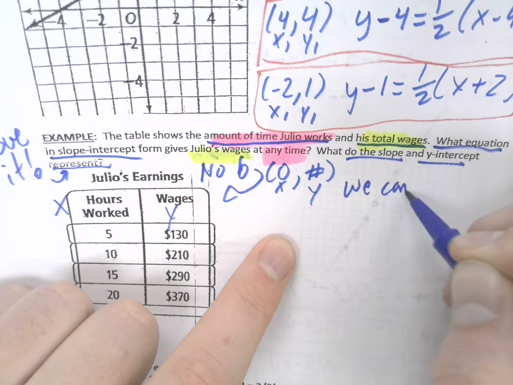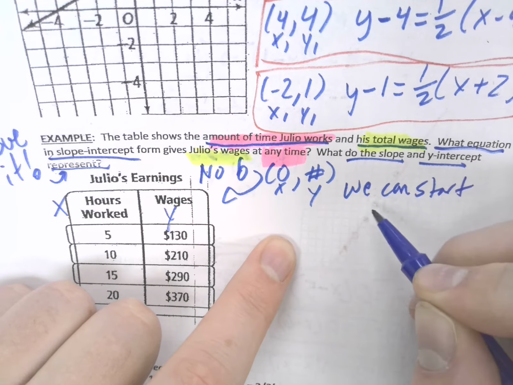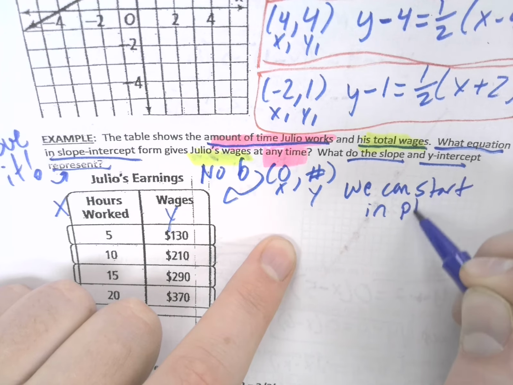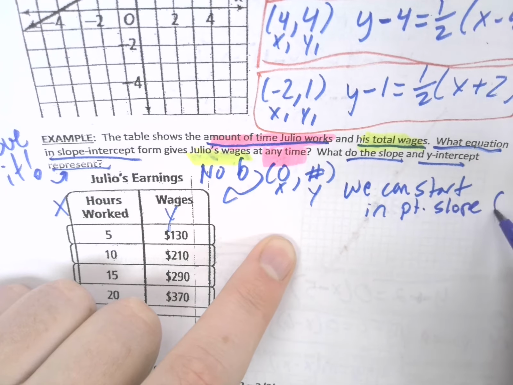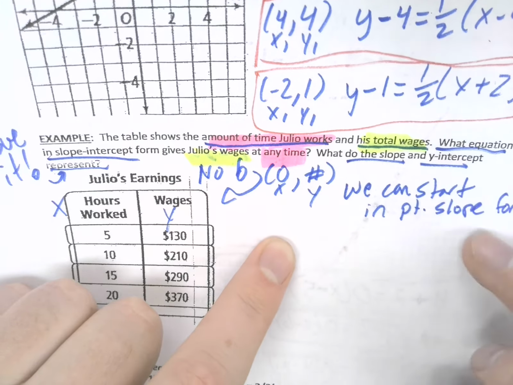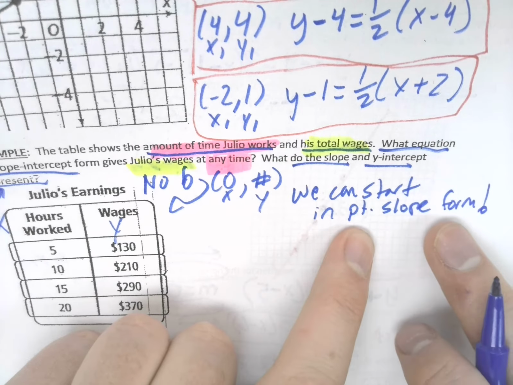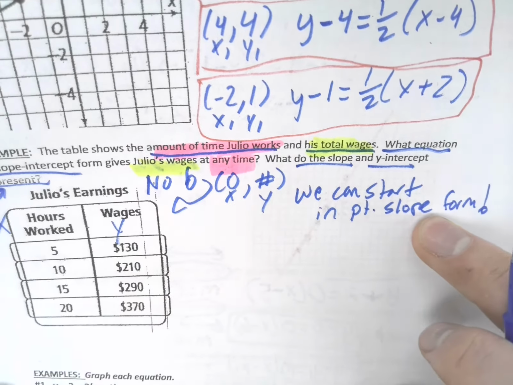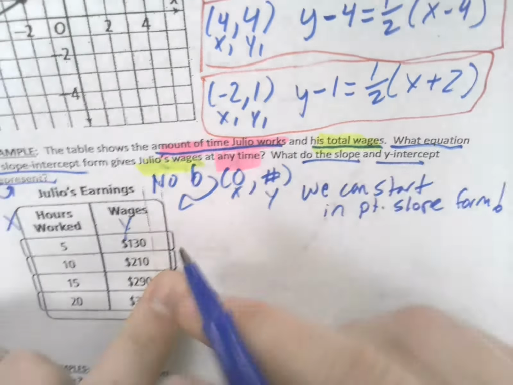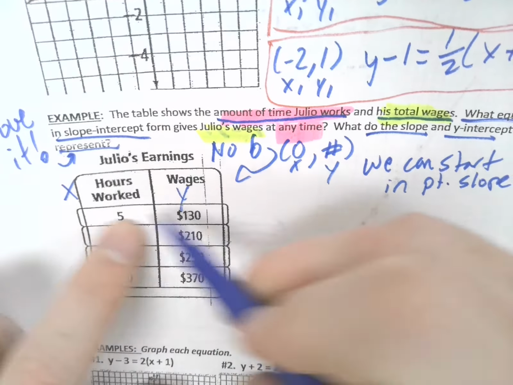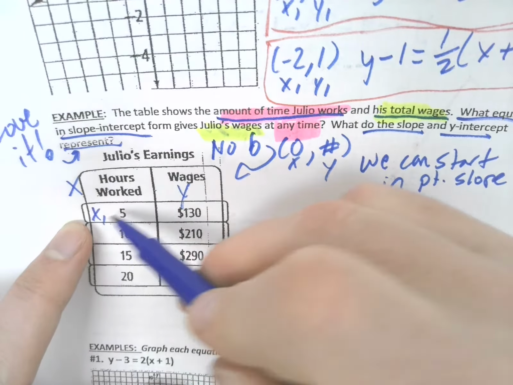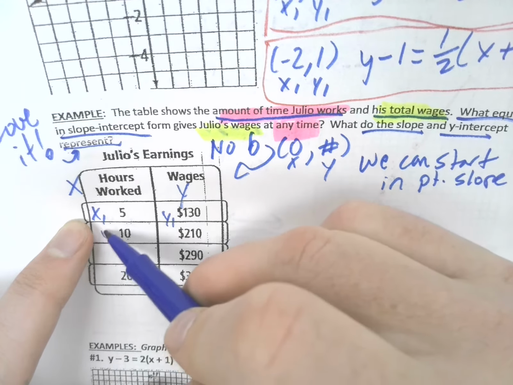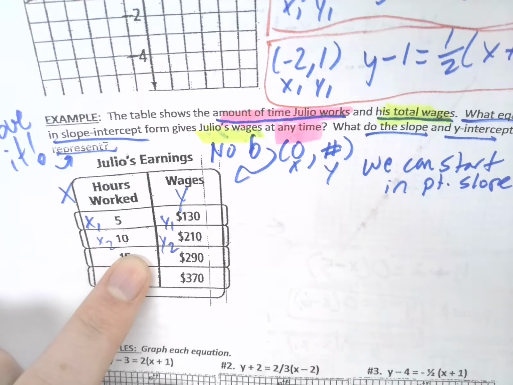But we can start, remember yesterday? We can start in point slope form. That's right, we can start in point slope form. All we need is a point and the slope. Now to find the slope, if we got some x's and y's, I'm thinking x1, y1, x2, y2.